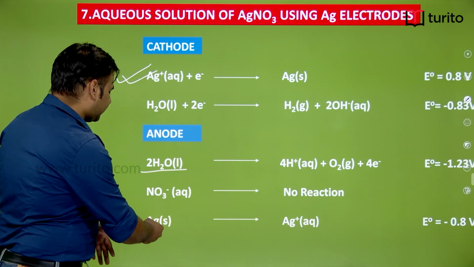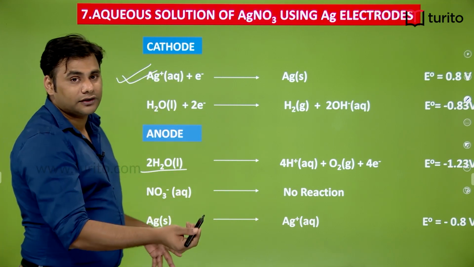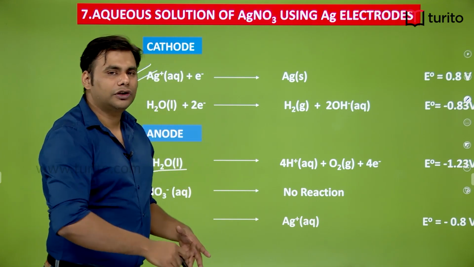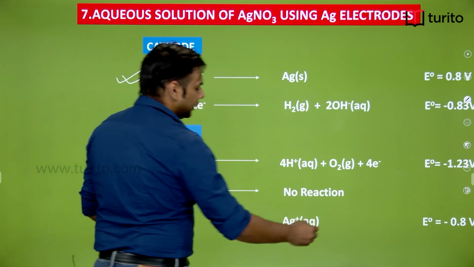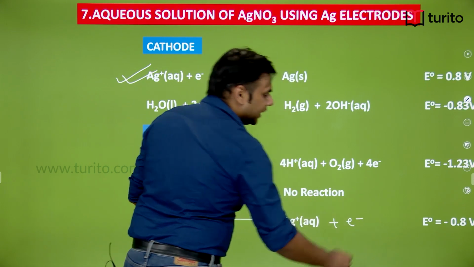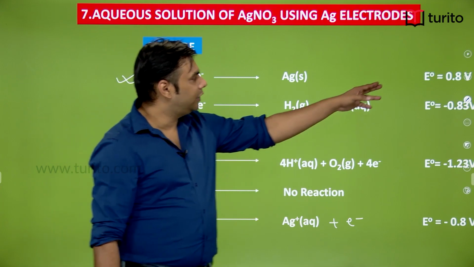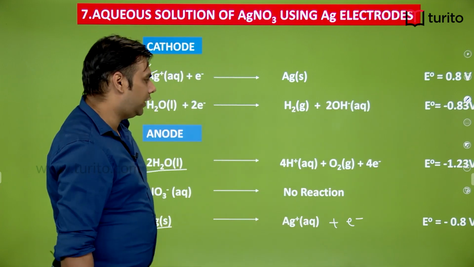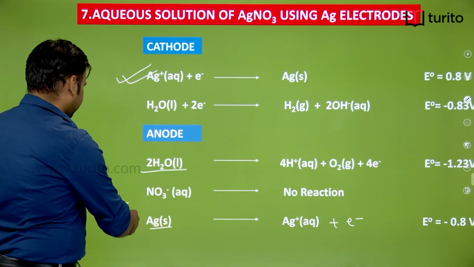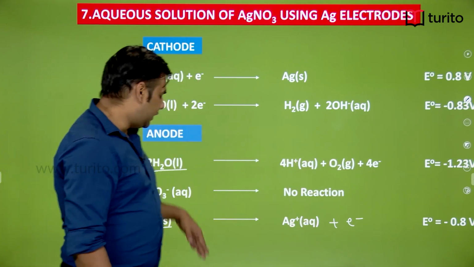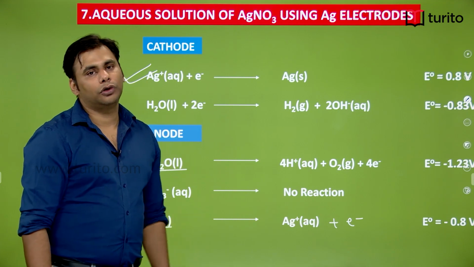Now silver can also get oxidized, because the anode is made up of silver material, so this can oxidize into Ag+ and electron. The oxidation potential would be negative of the reduction potential, which is minus 0.8. Now you can clearly see that this is less negative, so the tendency of silver to get oxidized would be more.